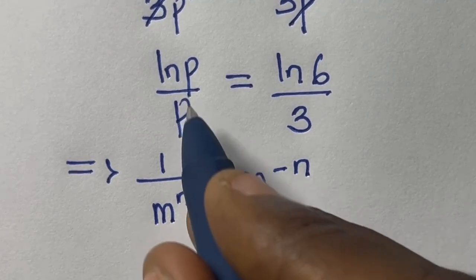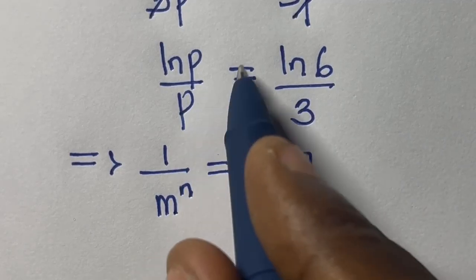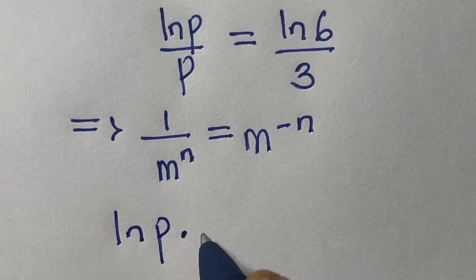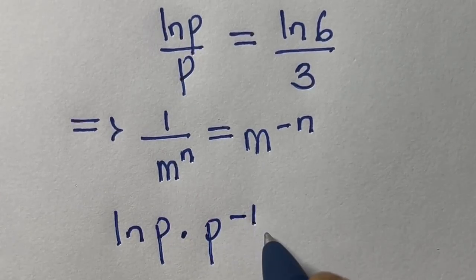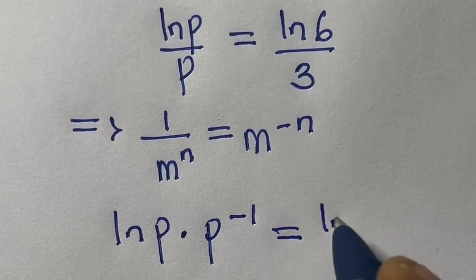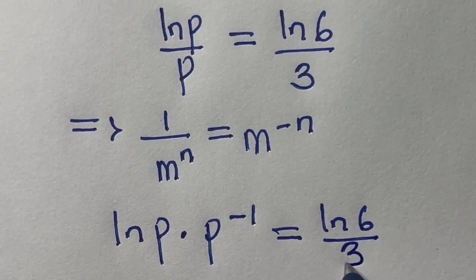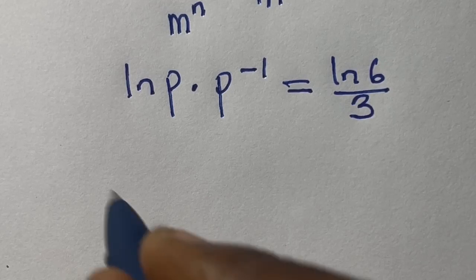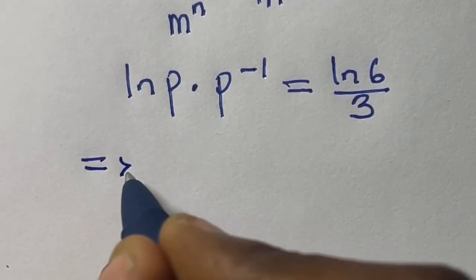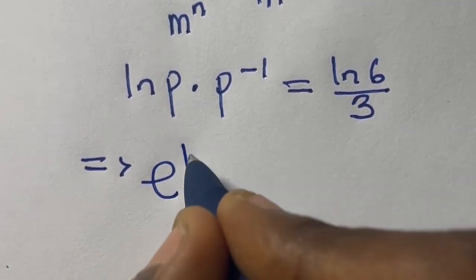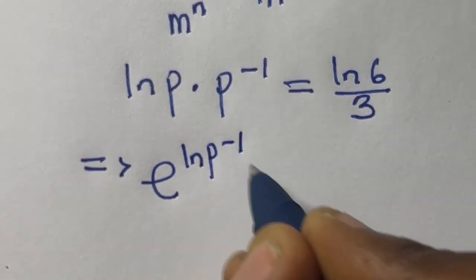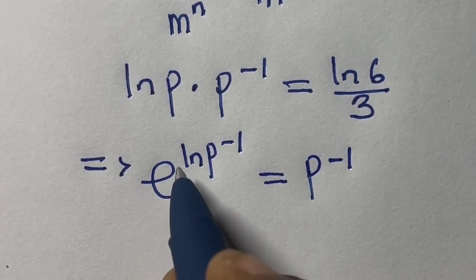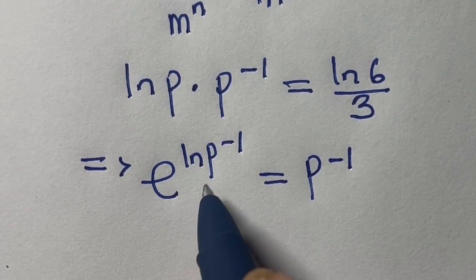So applying this, this becomes ln p multiplied by p raised to power minus 1 equals ln 6 divided by 3. Alright? However, you know that the exponential of ln p raised to power minus 1 is p raised to power minus 1. Why? Because the exponential and ln cancel each other.